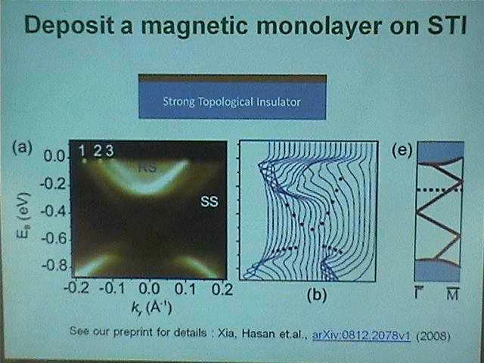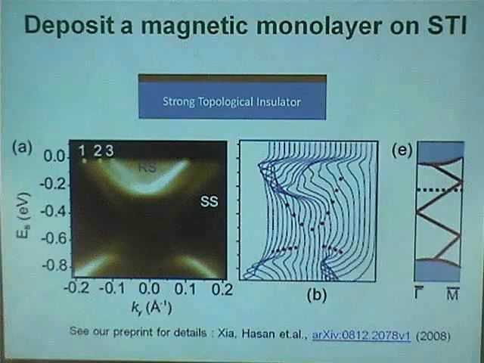Okay, so then we tried to do what Shu Chang suggested to me to do. Well, not on this compound. He suggested me to do that on bismuth antimony, but I realized this could be more interesting. So put a layer of magnetic atom on the insulator and see what happens.